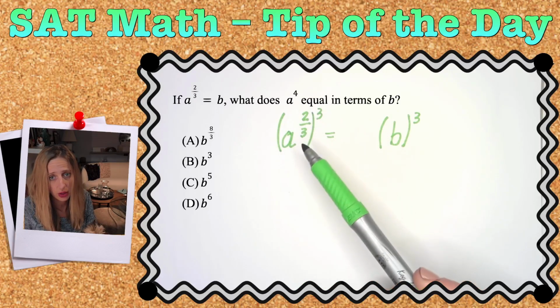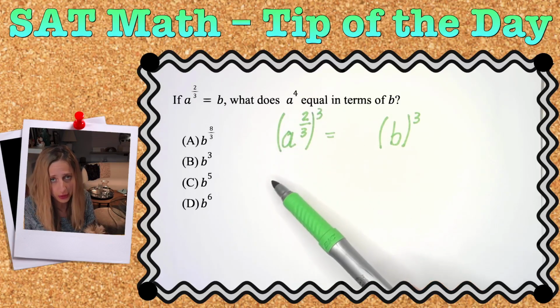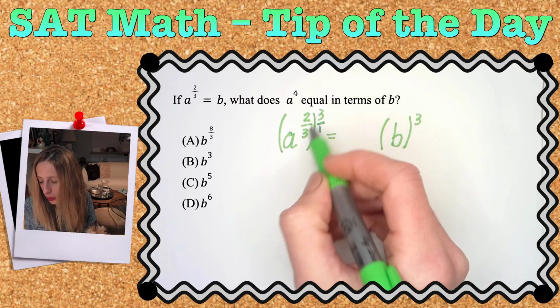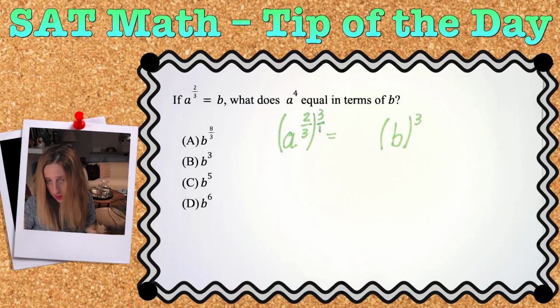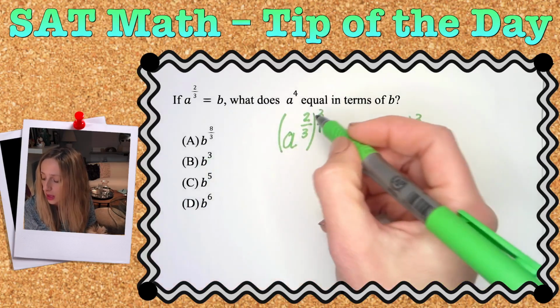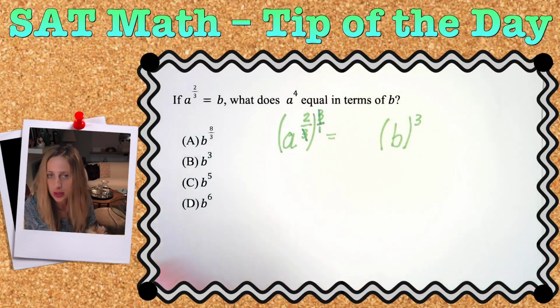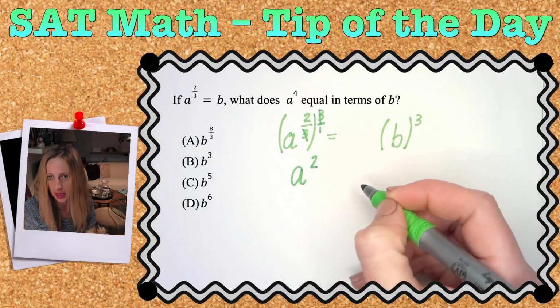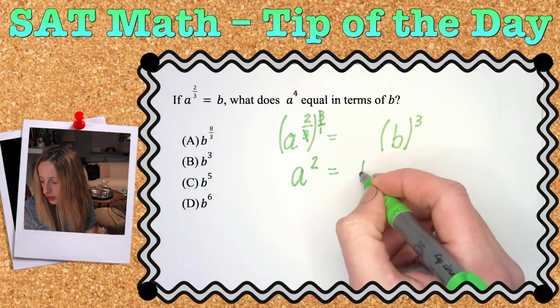Worse, 6/9. You're going right to math jail for that. This is a 3/1. I'm not going to waste my time with this 6/3 baby nonsense. The reason you did this is because that 3 and that 3 can reduce. And then once they reduce on this left side of the equal sign, I'm left with a to the 2nd equals b to the 3rd.